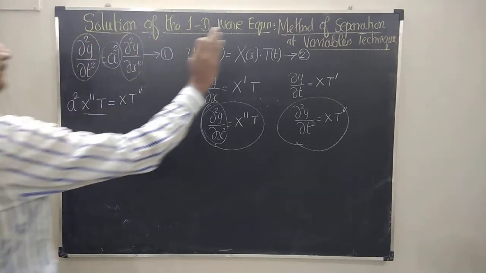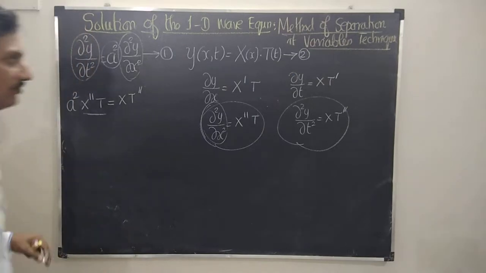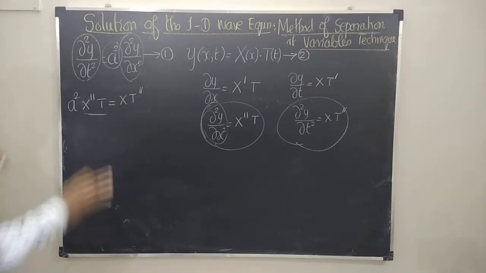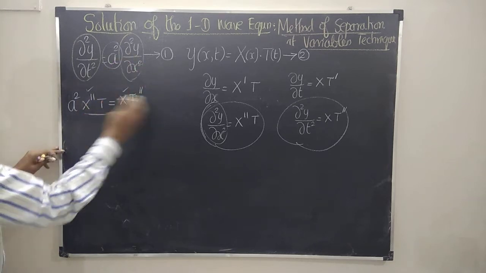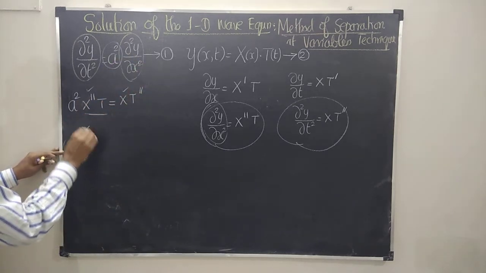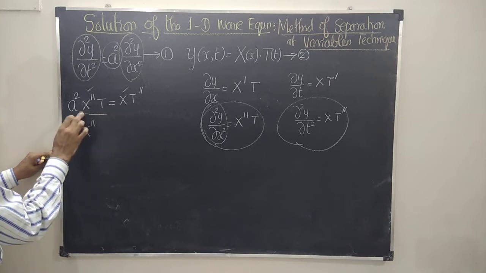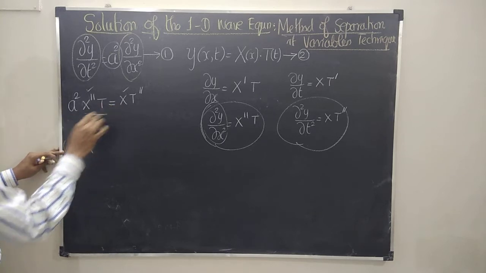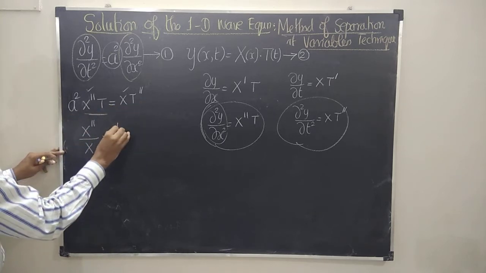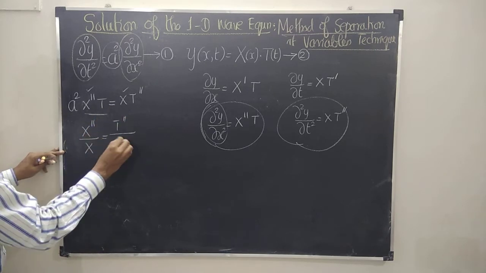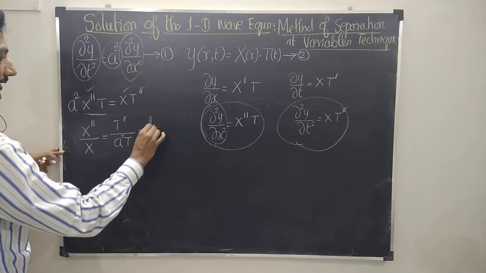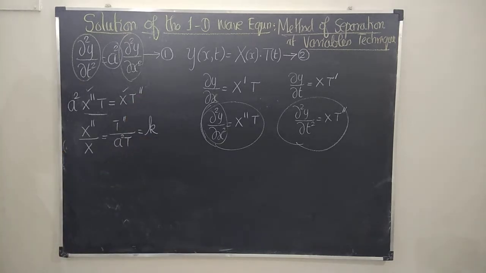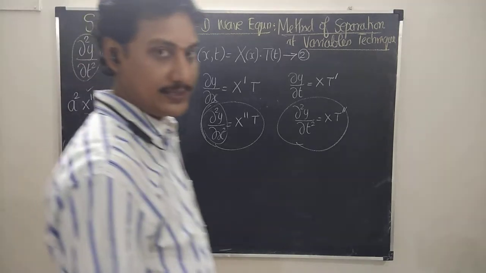Now, what the method of separation of variables says is a grouping technique. How to group it? X on one side, T on the other side. So can I fix X alone on the left hand side? X double dash by X is equal to T double dash by a² T is equal to some constant k.